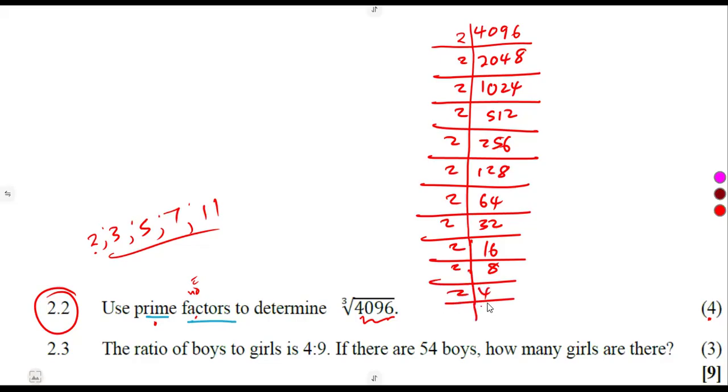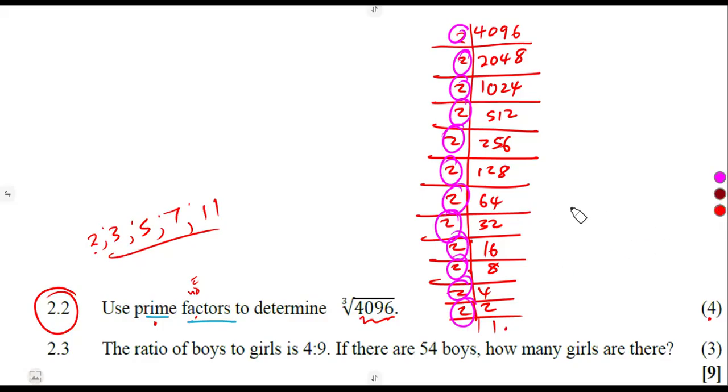By 2, it was going to be 2. And by 2, it was going to be 1, until we get a 1 here. So these are the numbers, which is actually the number 2 multiplying itself how many times? 1, 2, 3, 4, 5, 6, 7, 8, 9, 10, 11, 12 times. 12 times. 2 times 2, 12 times.